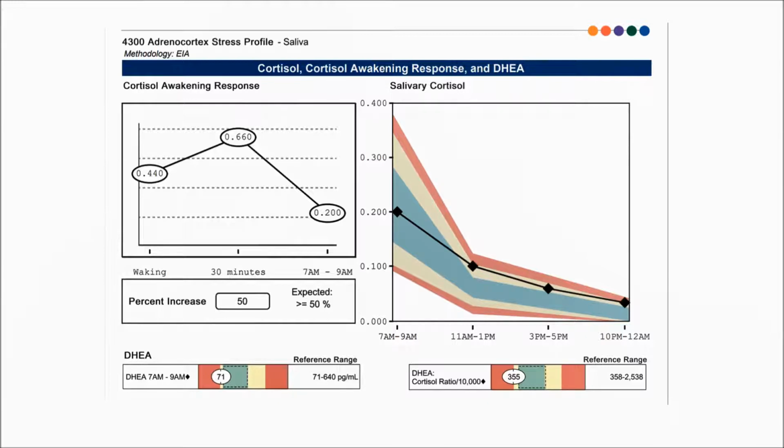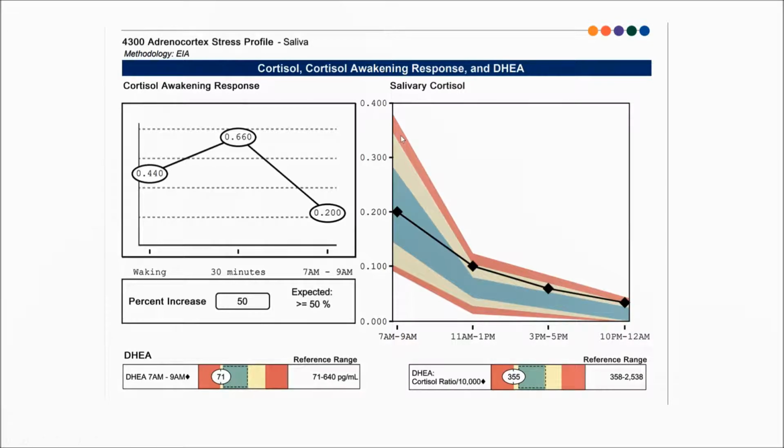But the point of this second discussion in this podcast on this typical functional medicine lab test is that a salivary cortisol lab test can be used to assess the function of your stress system, your adrenal system, and to see if it's functioning optimally or not.